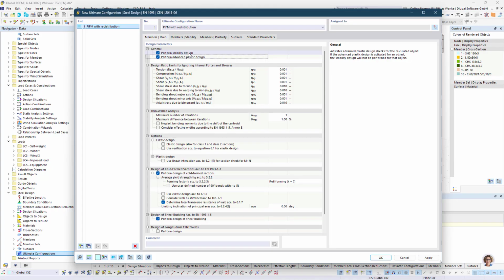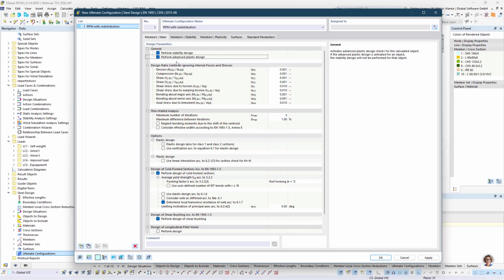But this does not mean, as I said, that you don't need to perform stability design. This is still necessary. It's just not possible with RFEM 6 because we are missing some information for the stability design we only can receive from the EC3 design checks. My recommendation to handle stability together with PIFM is to use the equivalent imperfection method for stability.